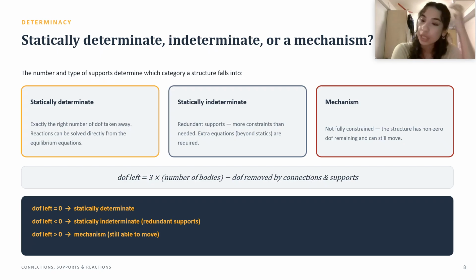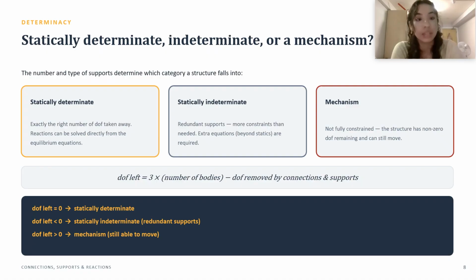It is because when we know a body is statically determinate, we can solve for the reaction forces or any missing forces directly from the equilibrium equations that we learned in the video before this, the 3 equilibrium equations: sum of horizontal forces equals 0, sum of vertical forces equals 0, and sum of moments equals 0. We can use all 3 and find the reaction forces.